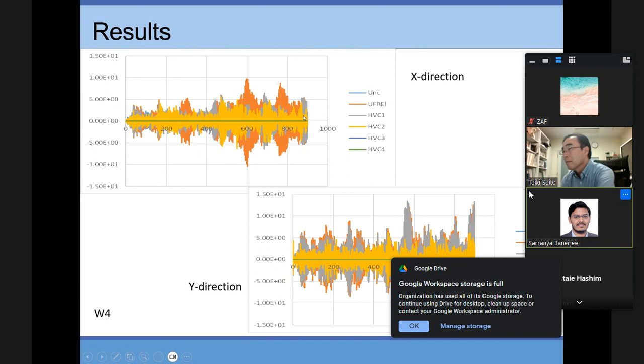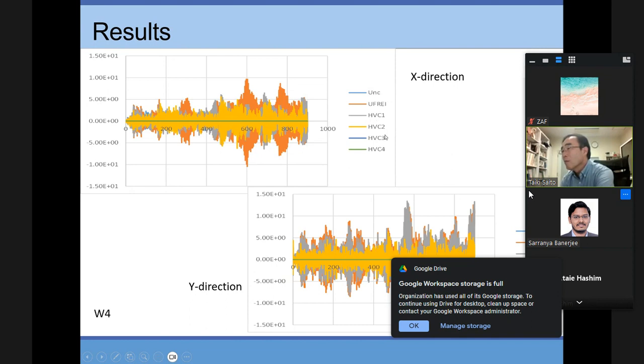It is less than the orange one. One is the base isolator. So when I apply the TMD tuned to the second stiffness, the acceleration reduced slightly, but it is not always reduced. It is the same for the other direction.